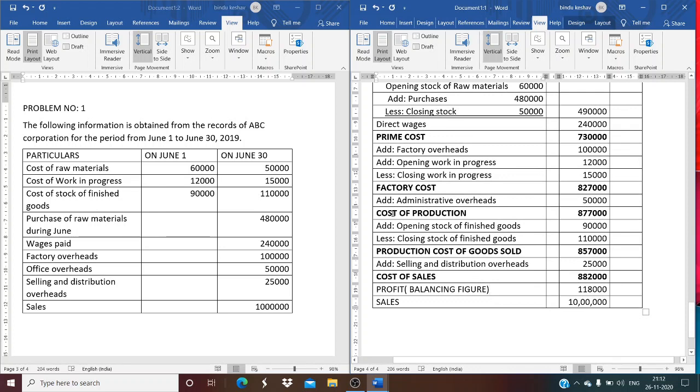So we have got the cost of production, and we have adjusted the opening stock of finished goods and closing stock of finished goods. We got the production cost of goods sold. To the production cost of goods sold, we have added the selling and distribution overheads. We got the cost of sales. Then the sales figure is given, that is rupees 10 lakh. From the sales, we deduct the total cost or cost of sales. We got the profit. Profit is 1 lakh 18,000.